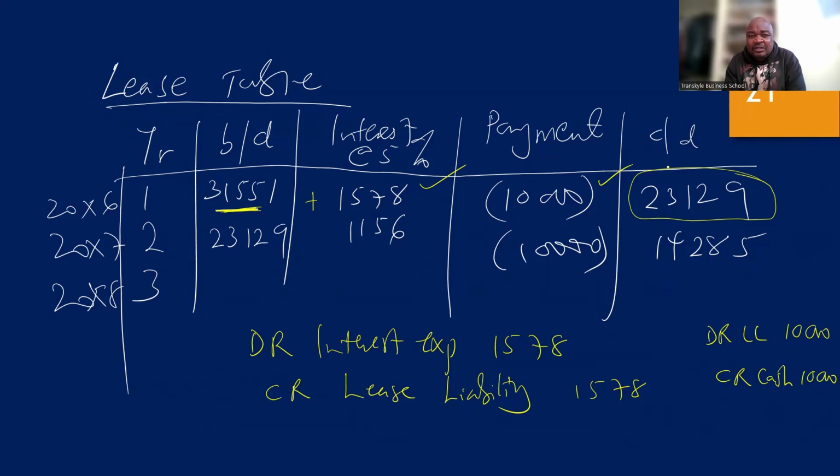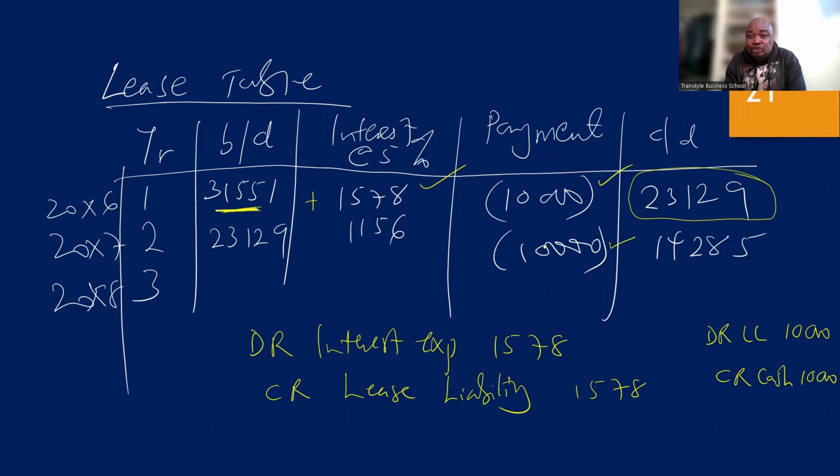Is that clear? So the current liability is actually this lease payment. Obviously, this one has already been paid, but this one for year two, this payment is a current liability, and the difference between 23,129 and 10,000 will become the non-current liability.